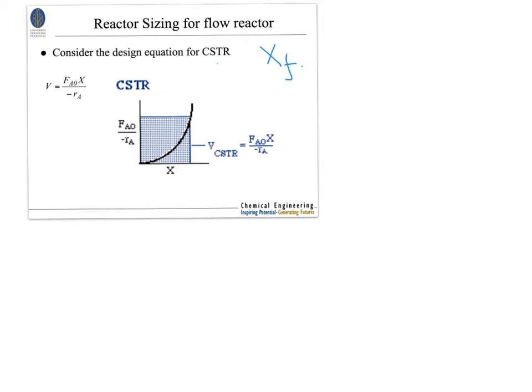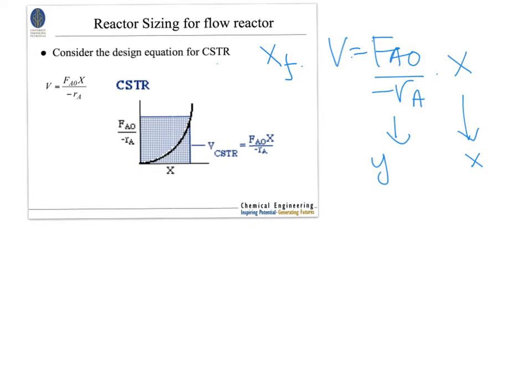Okay, so look at the design equation for CSTR. We have V equals FA0 over minus RA times X. So FA0 over minus RA will be on the y-axis, and X, the conversion, will be on the x-axis.